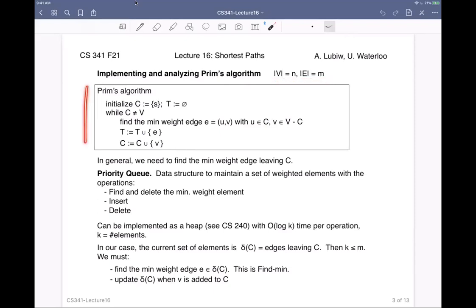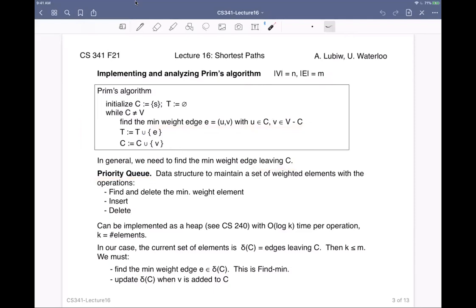Again, here's the algorithm just so we can refer to it. This general step is that I need to find the minimum weight edge that leaves the set C. The natural thing you should think of for that is, oh, I need to repeatedly find the minimum in some set that's sort of changing out from under me. So a priority queue is the right data structure for that.